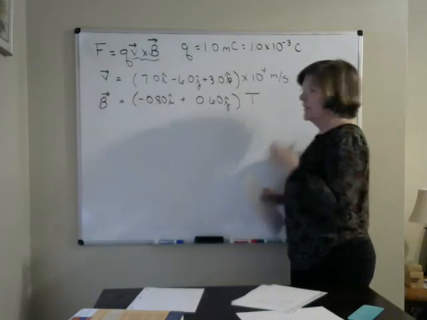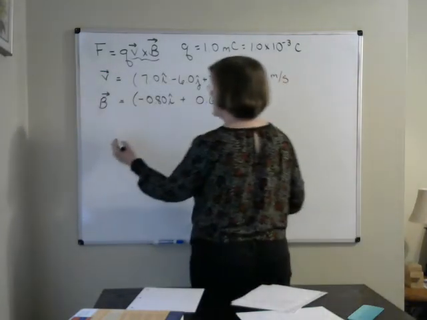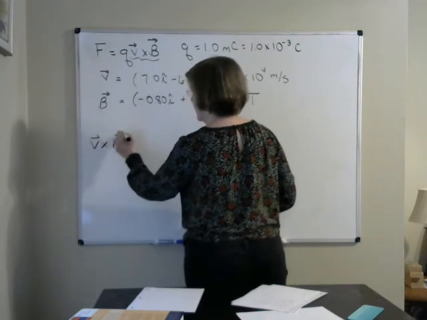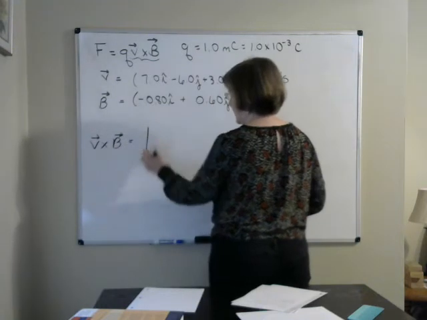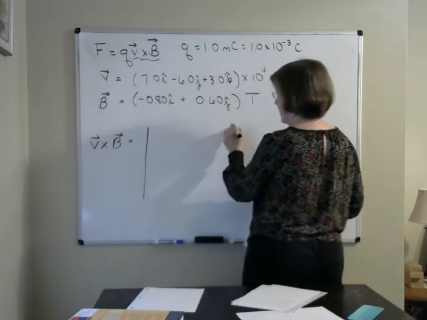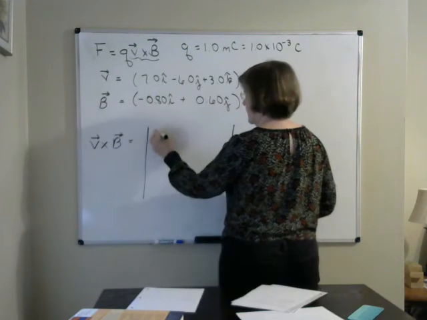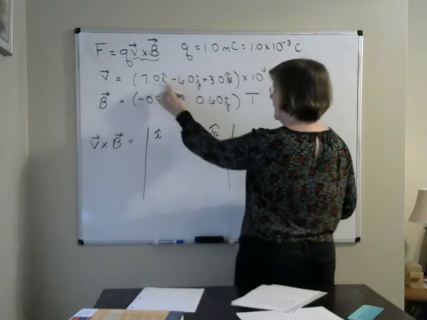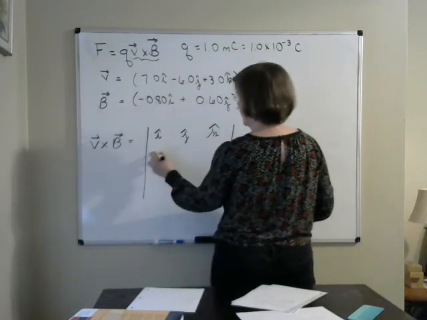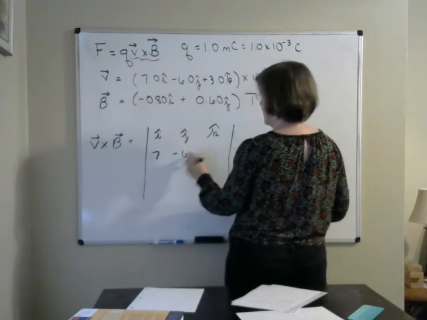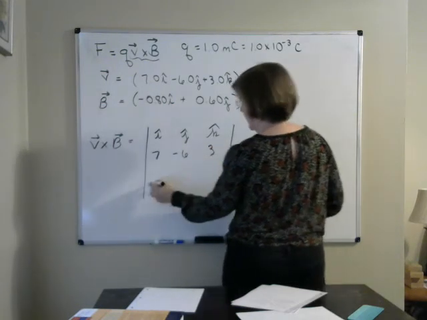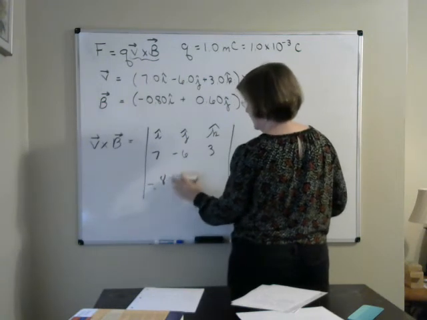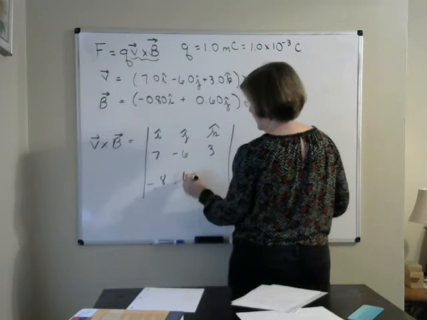So I like to think in terms of V cross B, which is going to equal, and I make this big 3 by 3 matrix. There's I, J, K, and then I put in the components for V: 7, negative 6, 3. Then B: negative 0.8, positive 0.6, and 0.